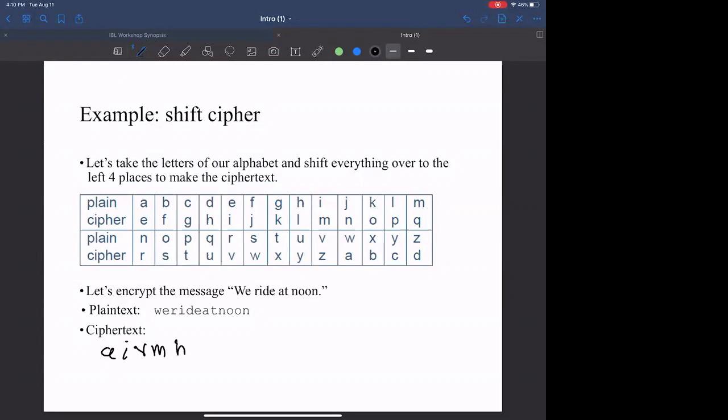So D is H, E is I, A is E, T is X, N is R, O is S, I got 2 O's there, and N is R again. So what we have right here is our ciphertext that we can then send to our friend.